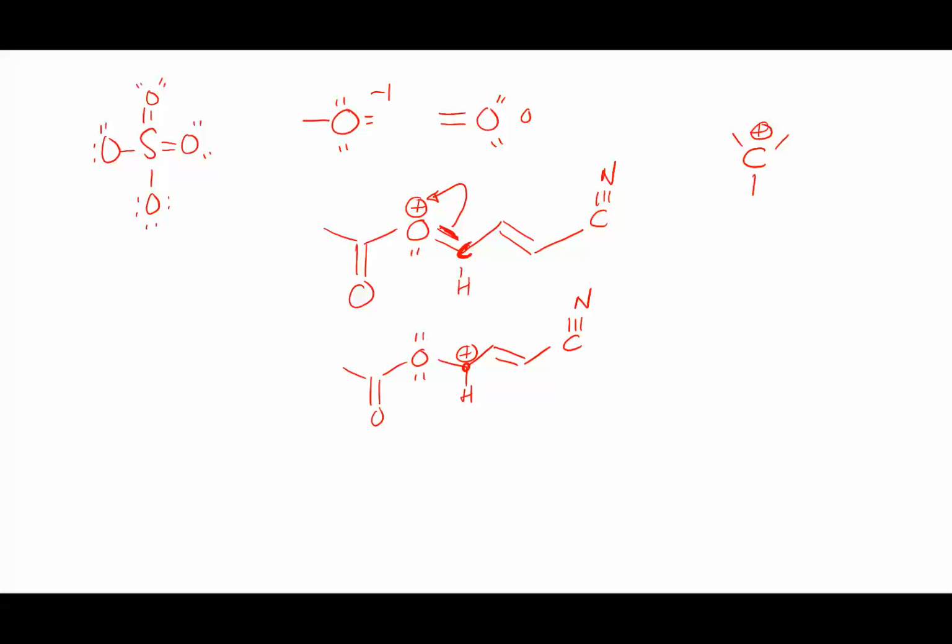And then you could say, could I write another one? Well, let's do the same thing. Let's take this pair of electrons and make a double bond and move it over so that we make the double bond to the carbon, so that it looks like this.